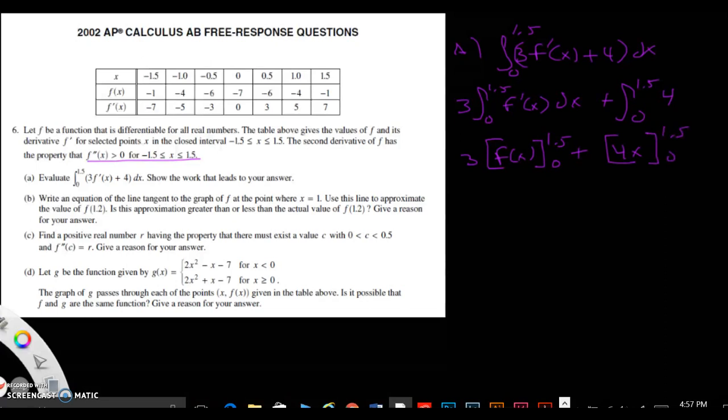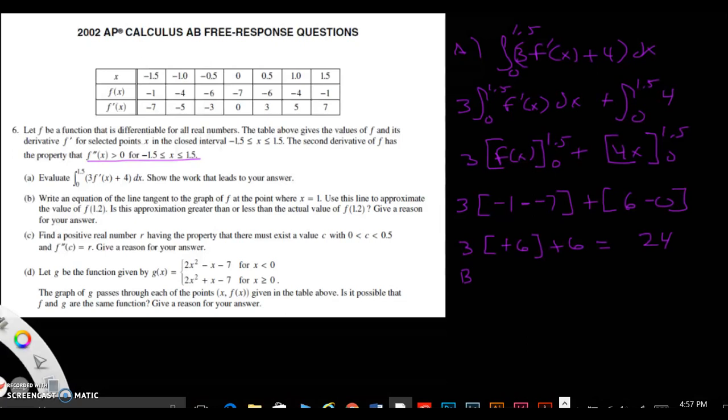So now we have to look at f of 1.5. f of 1.5 is negative 1 minus f of 0, which is negative 7, plus this would be 6 minus 0. So now you're going to get 3 times positive 6 plus 6. So you're going to get 18 plus 6, which is 24.